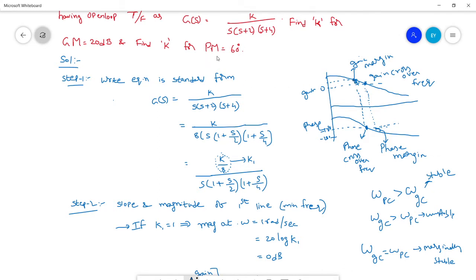Similarly, if the phase margin is 60 degrees, what is the k value at that point, right? I have pre-written the problem here. I'll just explain the problem.